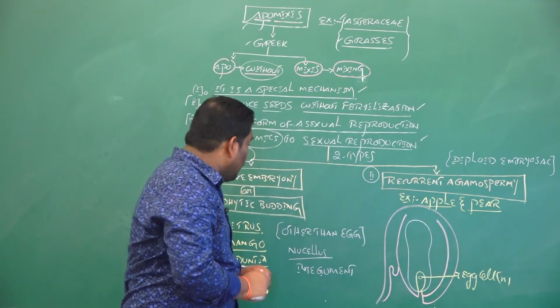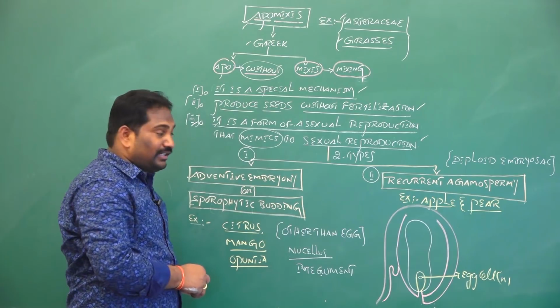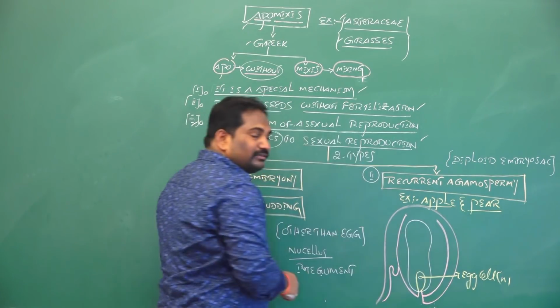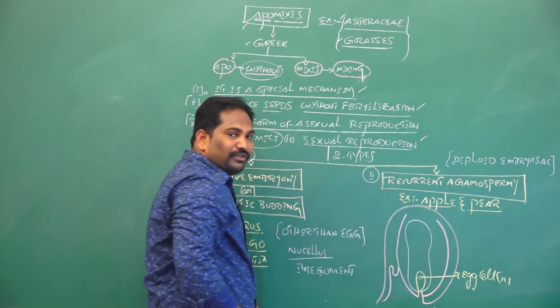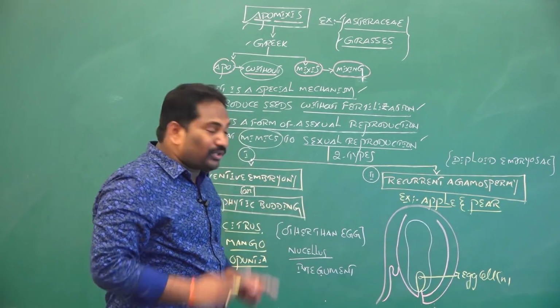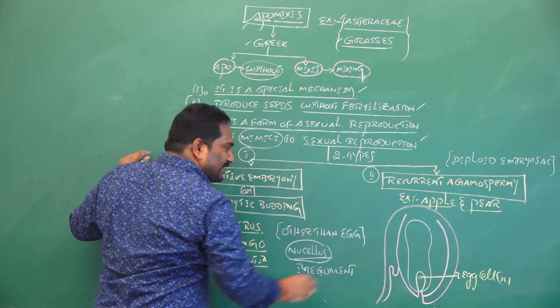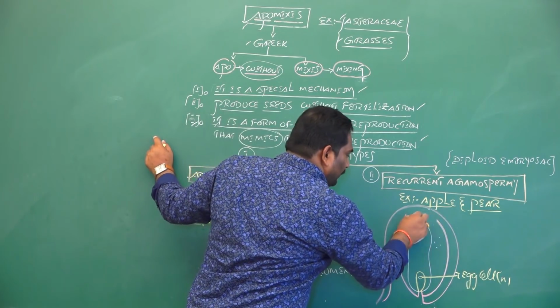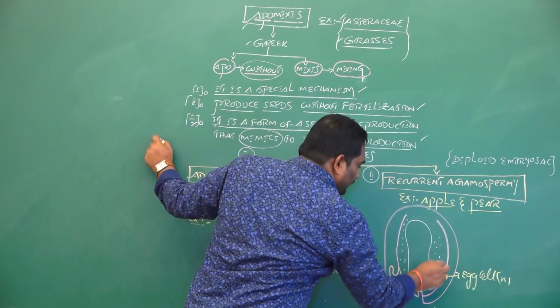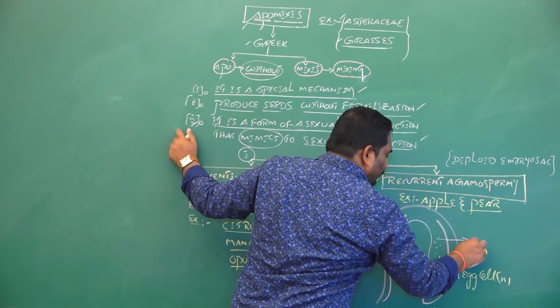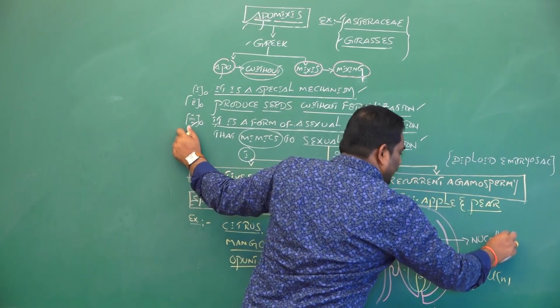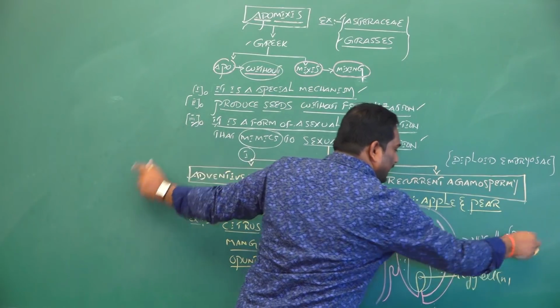That means, during adventive embryony, parts of the ovule other than the egg cell can develop into a diploid embryo. What are the other parts of the ovule? The nucellus, a mass of parenchymatous nutritive tissue. The nucellus is diploid.